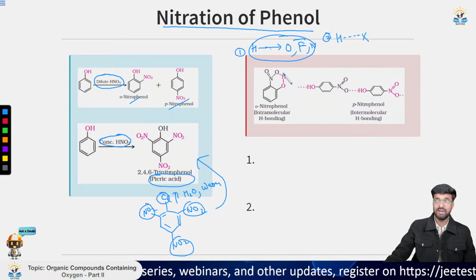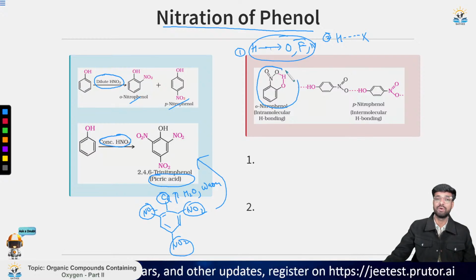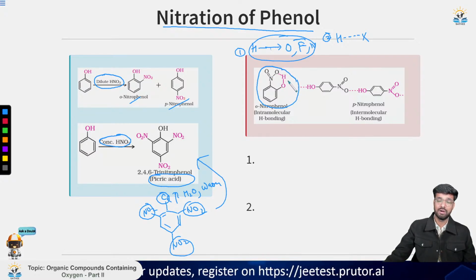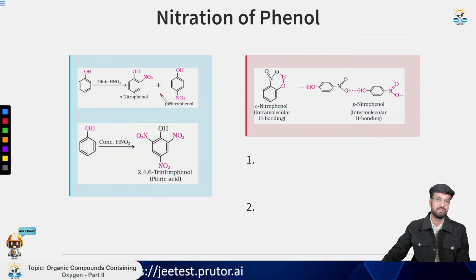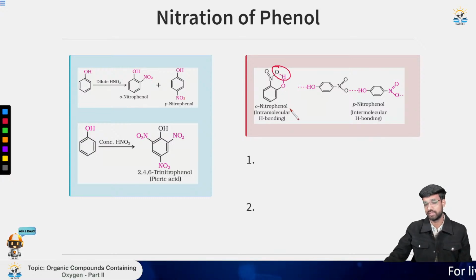Keeping that in mind, if we have ortho-nitrophenol, we can have hydrogen bonding. This is the nitro group, and this is the alcohol group present at the ortho position. Now this H can form hydrogen bonding with this nitro group.